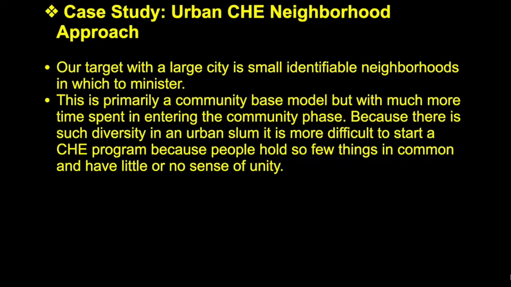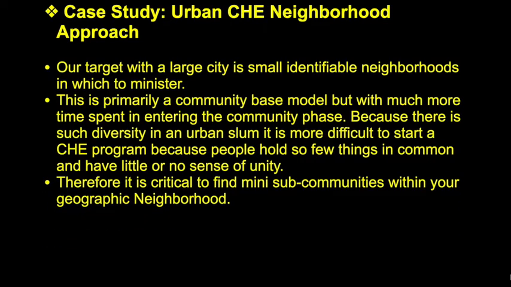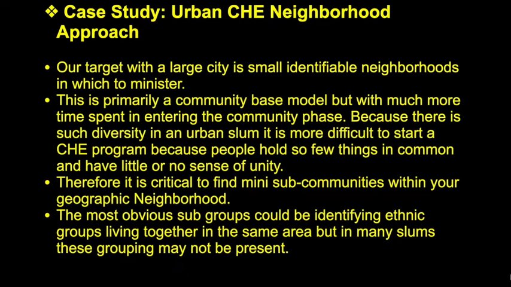Because there is such diversity in an urban slum, it is more difficult to start a CHE program because people hold so few things in common and have little or no sense of unity. Therefore, it is critical to find many subcommunities, subgroups within your geographic neighborhood.